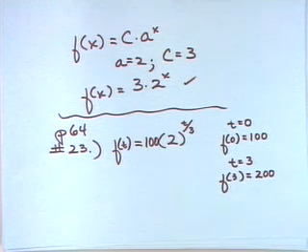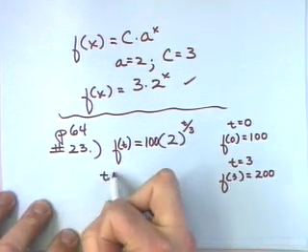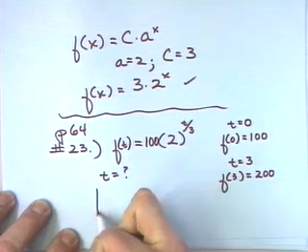And the problem we want to answer in a few minutes, we won't do it from the graph, we'll actually solve it: estimate the time for the population to reach 50,000. So time equals what?